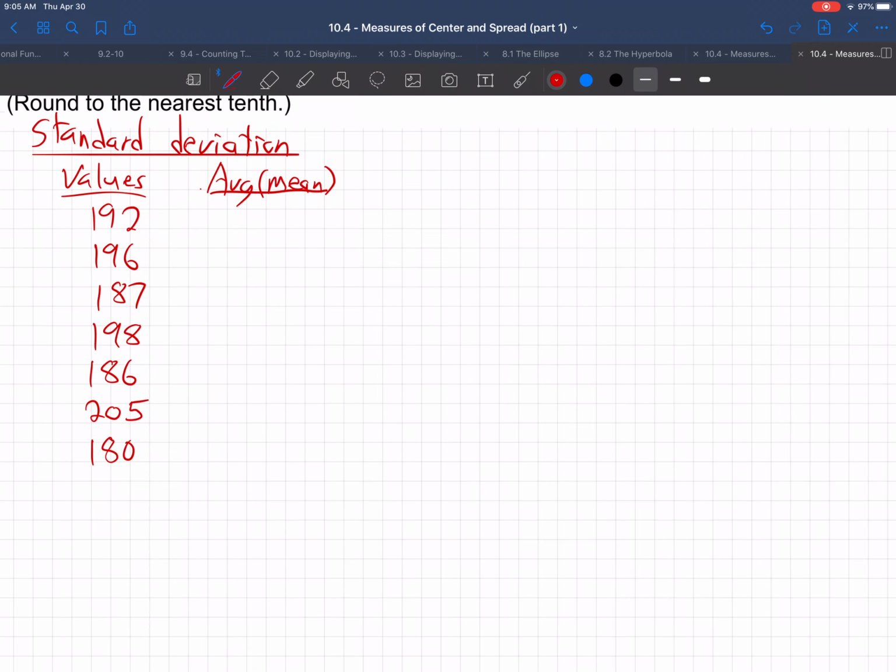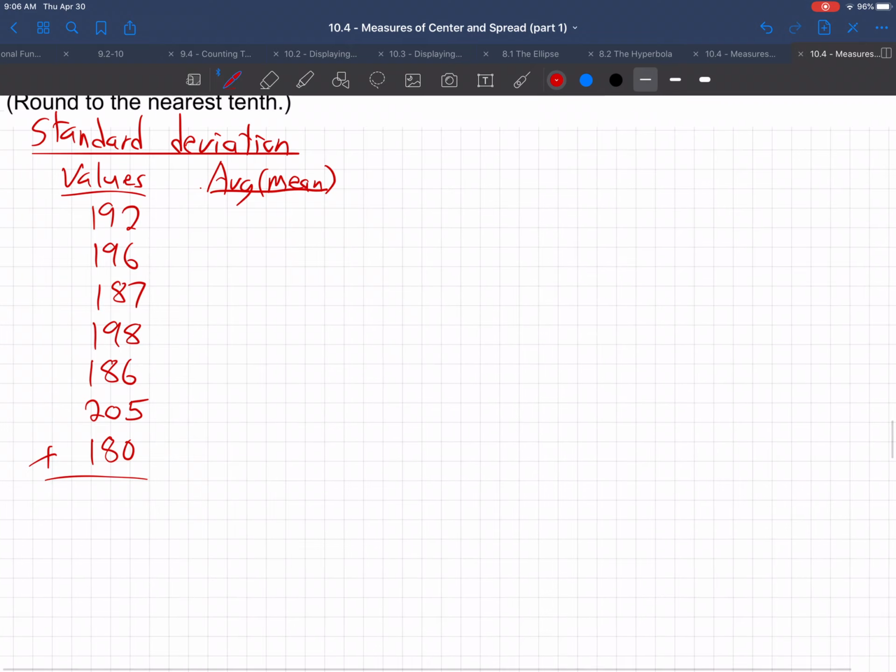So we got to figure out the average. So if you add these up on your calculator and then divide by 7, because there's 7 of them, let's find the average. So I'm going to add them up first on my calculator. I'm getting 1344.